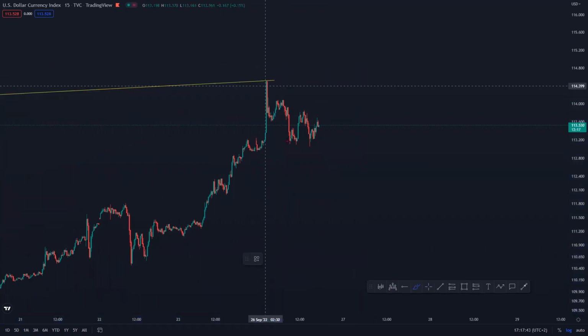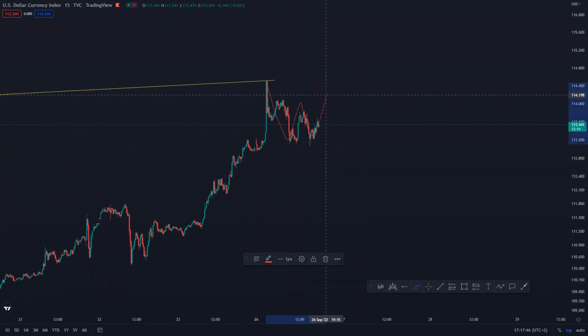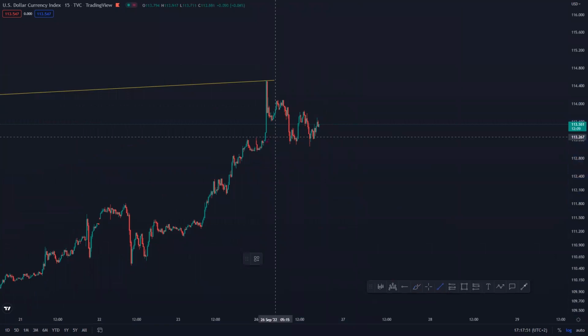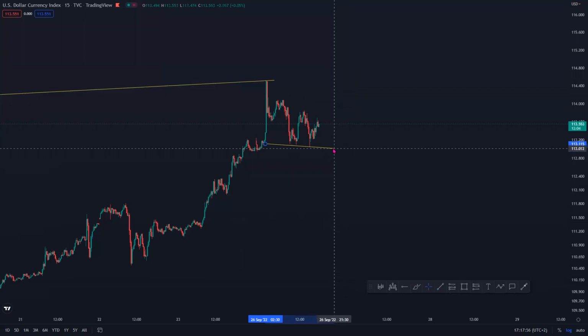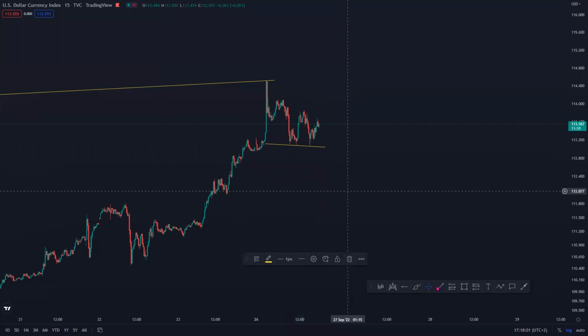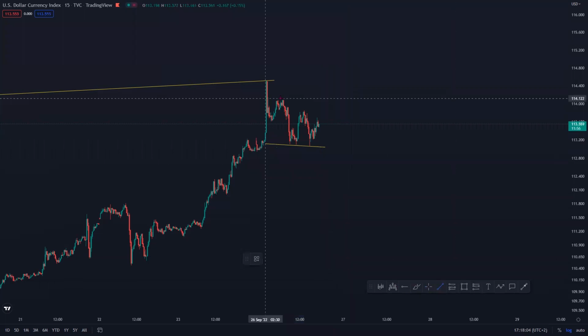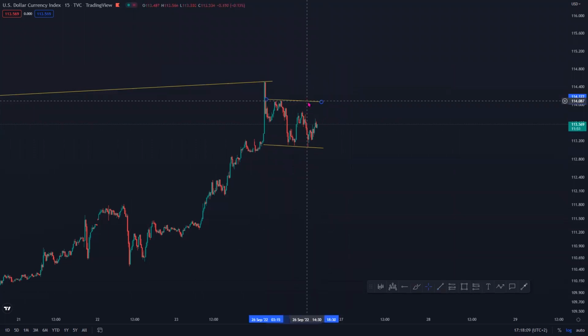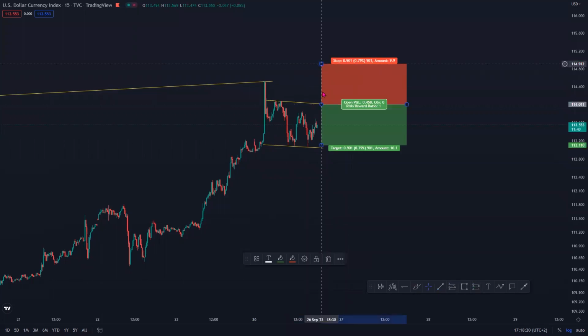It's a push and a correction, then we start looking for sell opportunities. What's important here is that on this correction, we have to take a risk entry. So you're going to look for sell opportunities here.